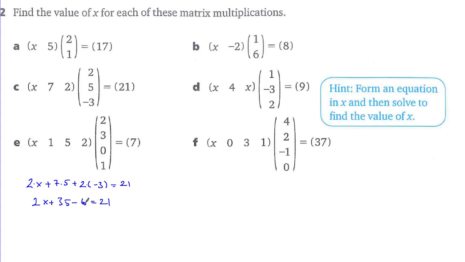And 35 minus 6 is 29. 2x plus 29 is equal to 21. It should be 2x equals 21 minus 29, so 2x is equal to minus 8. x is equal to minus 8 over 2, which is equal to minus 4. So we are going to write here minus 4.